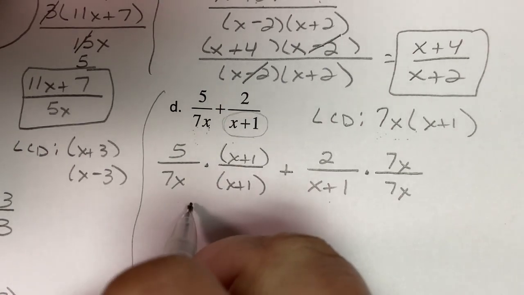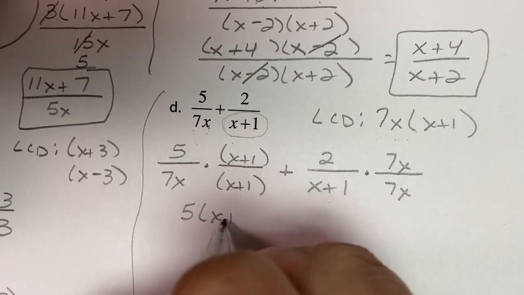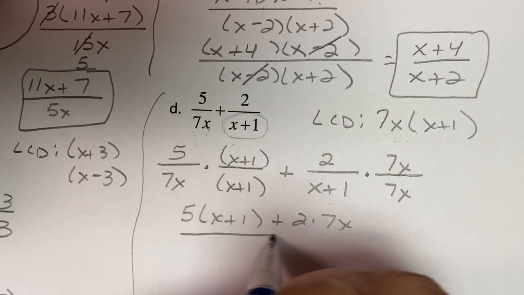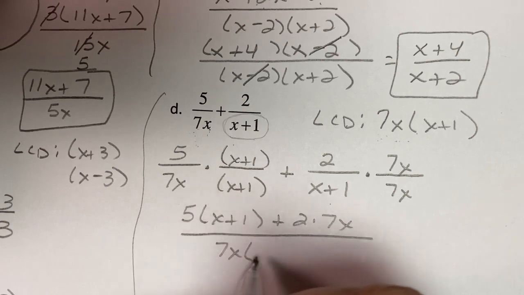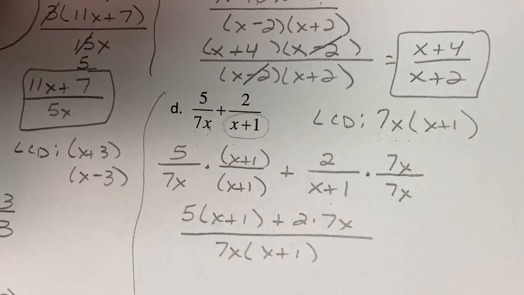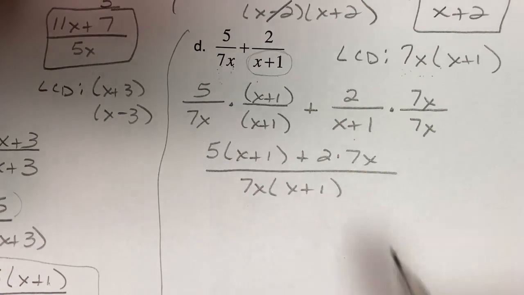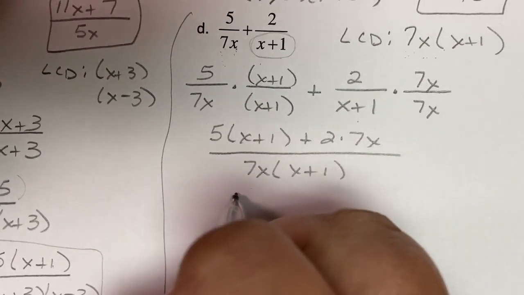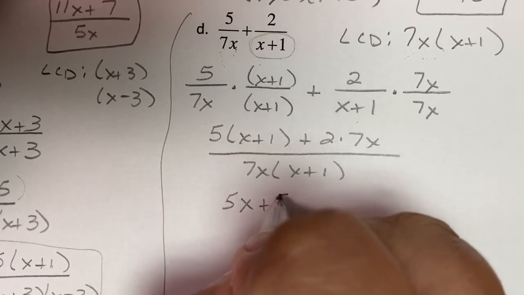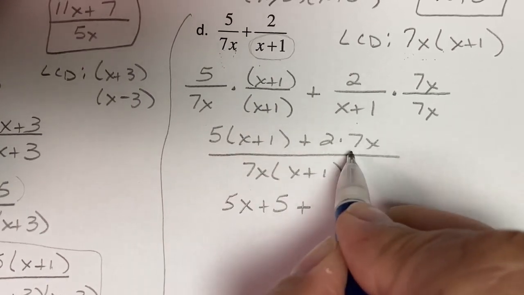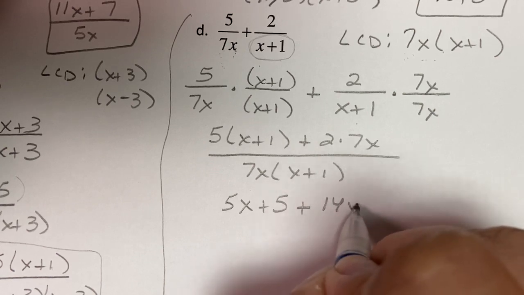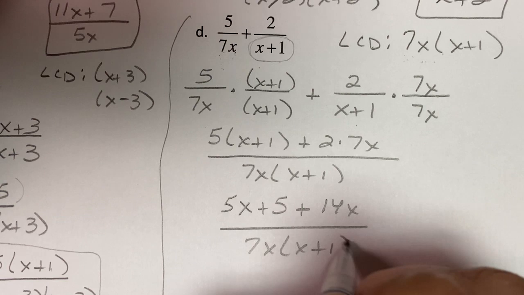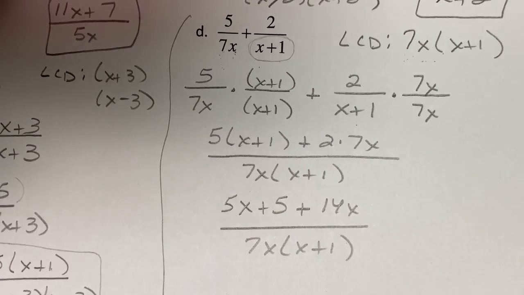So now I have 5 times x plus 1 plus 2 times 7x, and that's all over my common denominator. And again, you can distribute in this step. It doesn't matter. I just did an additional step. So if I go ahead and distribute, I'm going to get 5x plus 5 plus 2 times 7x is just 14x, and that's all over the common denominator.